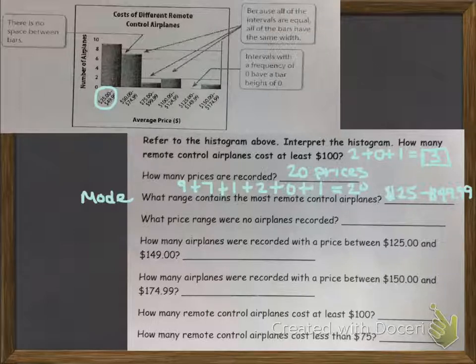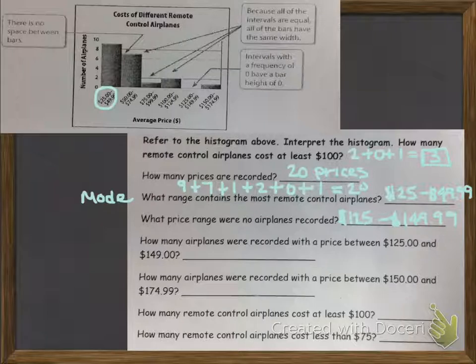Then it asks what price range no airplanes were recorded, and that would be a bar height of 0, which is our $125 to $149.99.